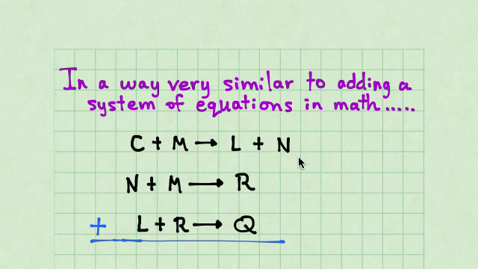They're arrows. It's a chemical equation as opposed to a mathematical equation, but nonetheless, let me say that these two reactants make these two products, and these two reactants make this product, and these two reactants make this product, and they're three separate chemical reactions.